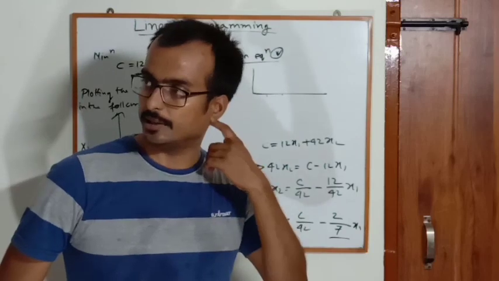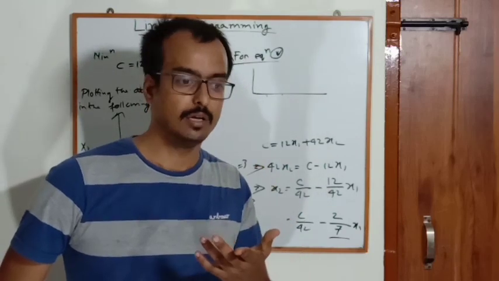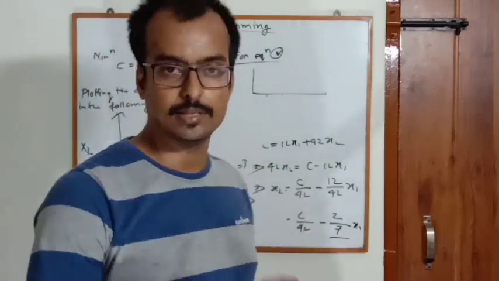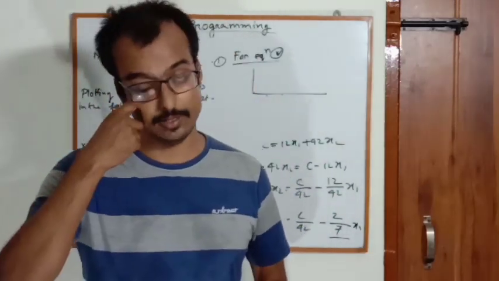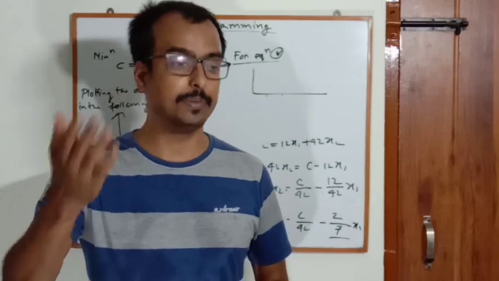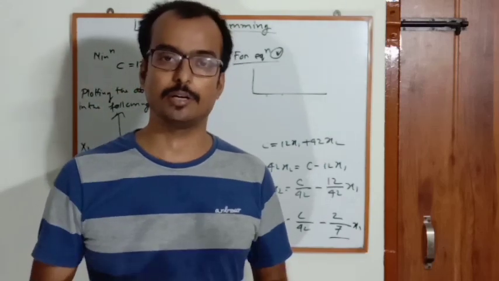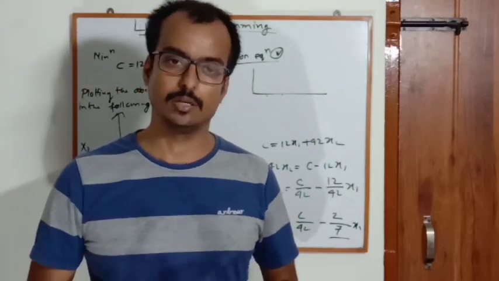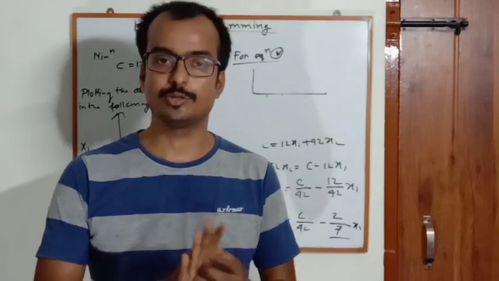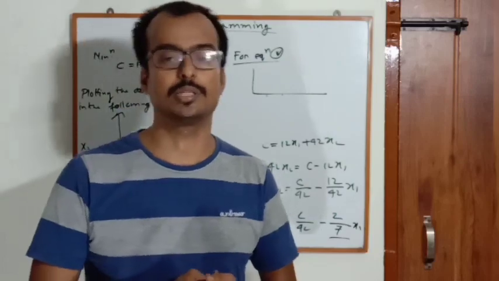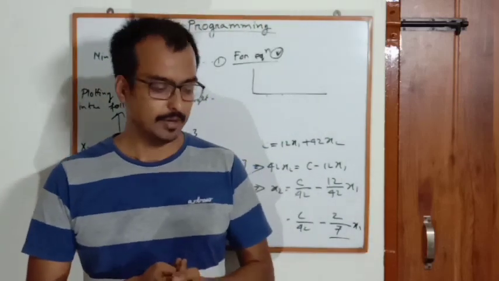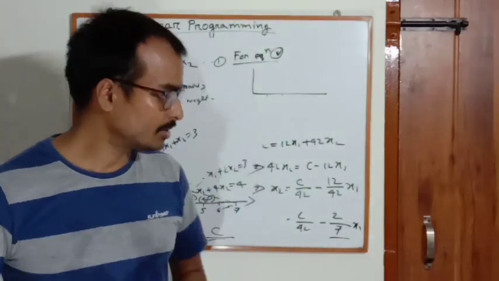Next day we'll be coming with one new aspect of this chapter, the problem of duality. I hope part 3 will be the end part of this unit, the complete syllabus will be covered, and you will be able to answer any question which comes in your exam. Okay, so with this we stop here.